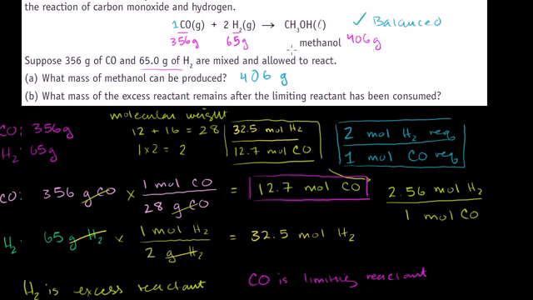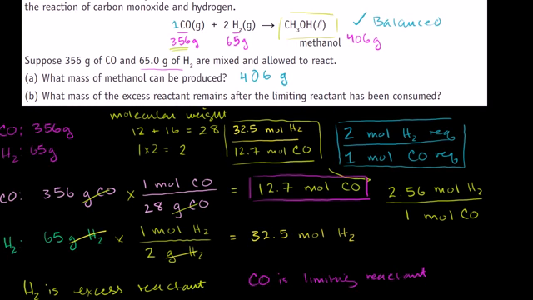And we figured out that carbon monoxide was the limiting reactant. So all of this gets consumed, and only some of this gets consumed. So if you do the math, what gets consumed has to be equal to 406 grams, because that's what gets produced.